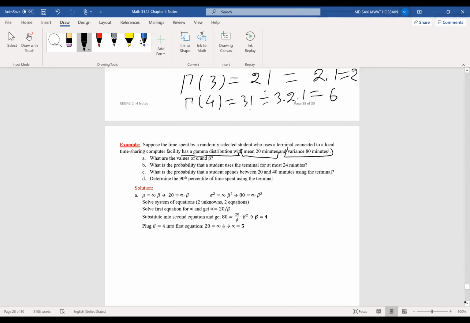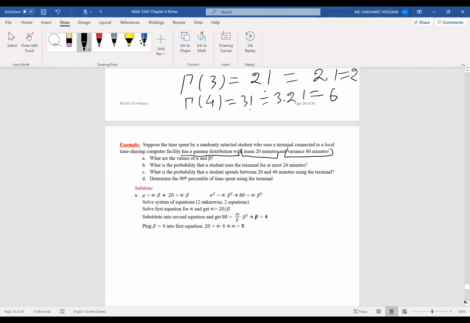But in the case of the gamma distribution, alpha and beta are called the location parameter and scale parameter. Alpha is the location parameter and beta is the scale parameter. They are not the mean and standard deviation. You have to calculate the mean and standard deviation using those two parameters.